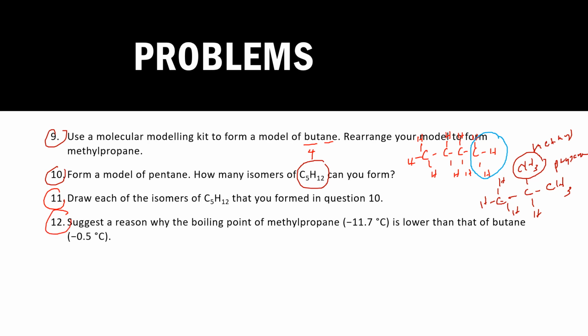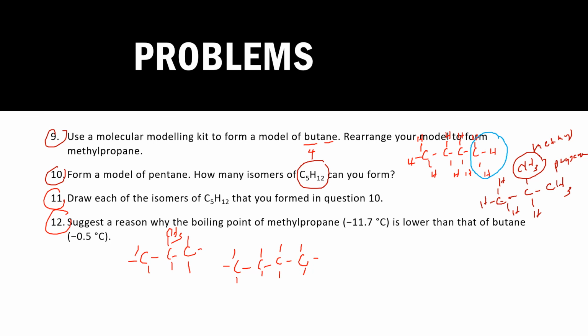Number 12: suggest a reason why the boiling point of methylpropane is lower than that of butane. Methylpropane is lower than butane.